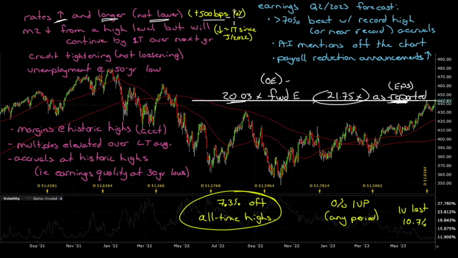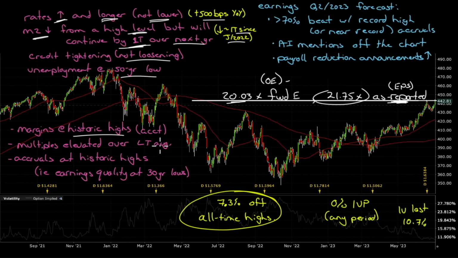Then tell me that. M2 is decreasing, yes, from a high level, but it will continue to decrease by another $1 trillion over the next year and is down $1 trillion since January of 2022. So the money supply is decreasing. Rates are high, they're elevated, and they'll be there for a longer period of time. Credit is tightening, not loosening, and unemployment is at a 50-year low.